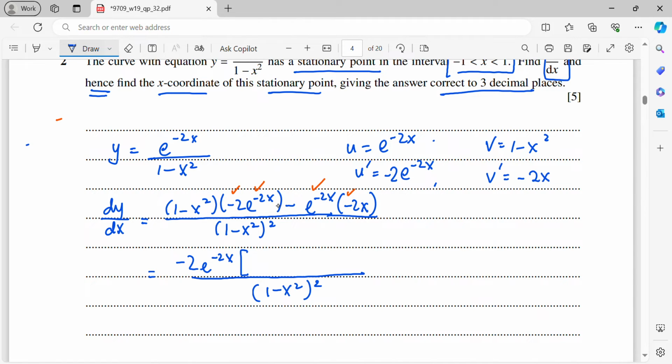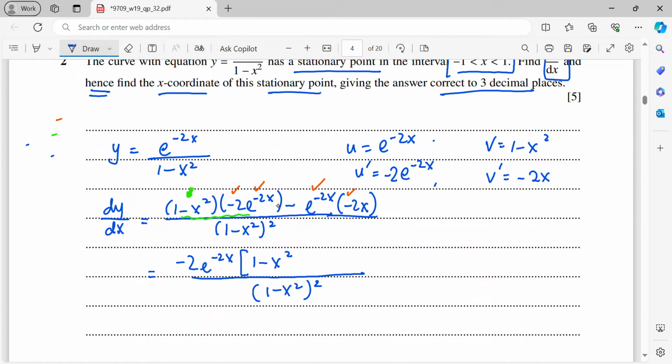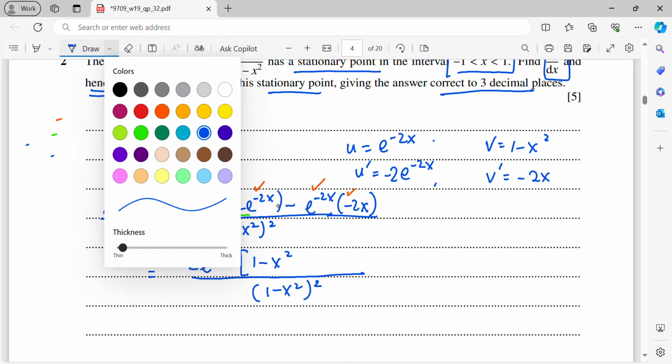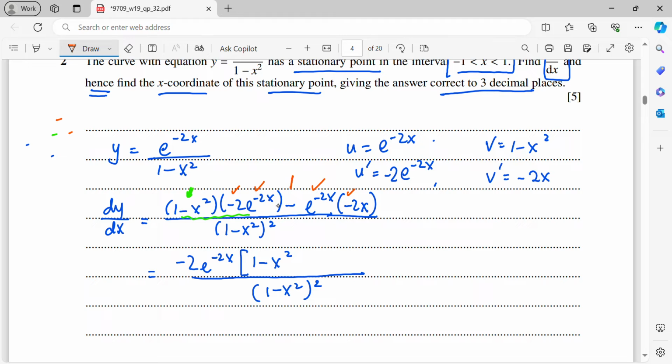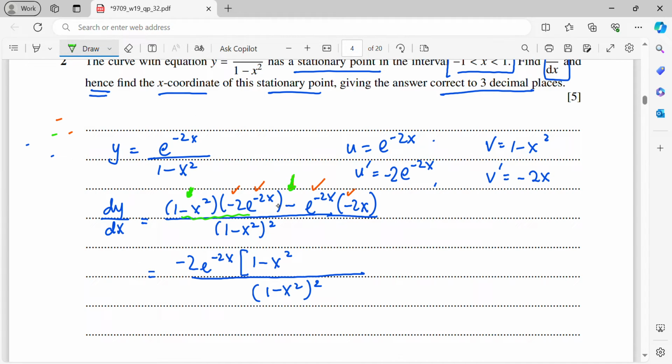From the first term, once you factorize, I still have 1 minus x squared. And for the second term, once you factorize that minus 2e^(-2x), I still have the negative and the x, so I will only get negative x.